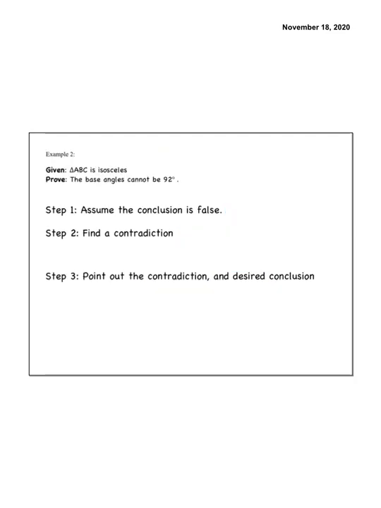A second example, more related to geometry. Given that triangle ABC is isosceles, prove that the base angles cannot be 92. I'm going to draw a triangle here, and I'm going to let B and C be the base angles. Remember, the base angles are the angles that are congruent to each other.